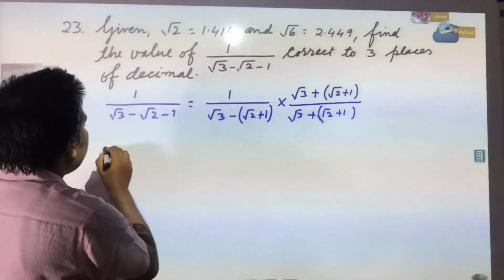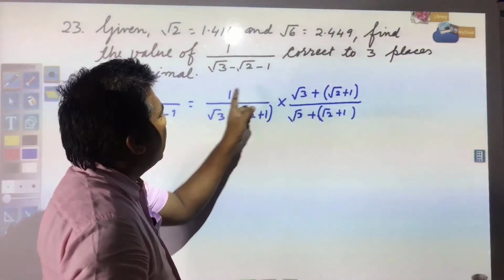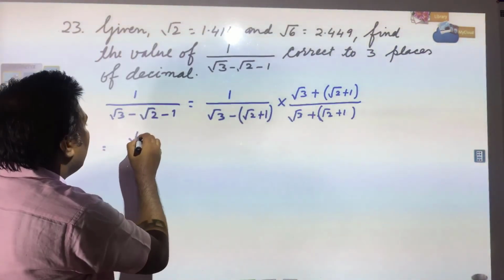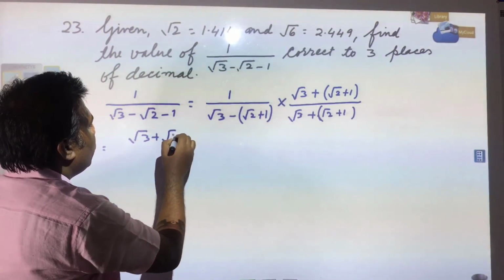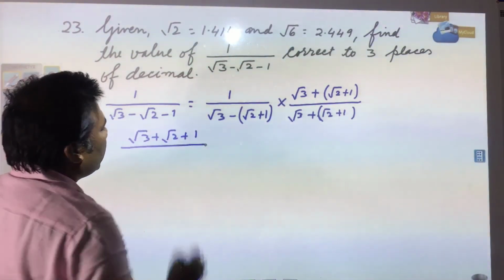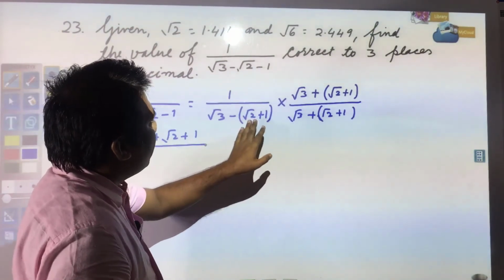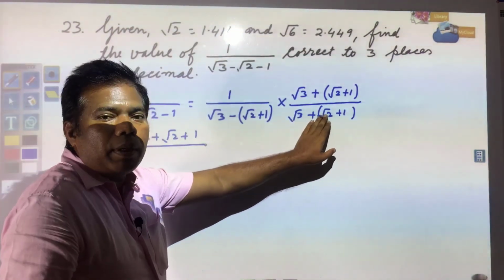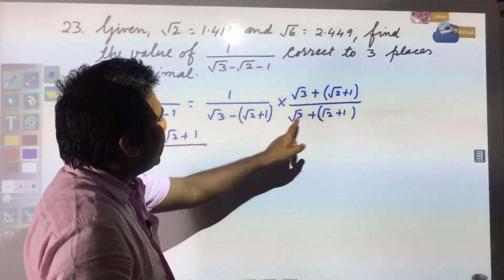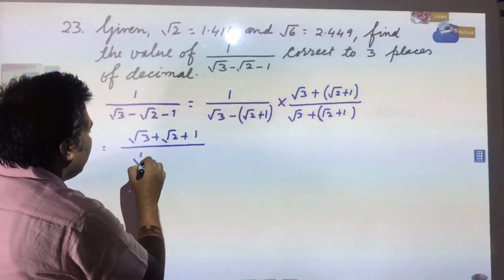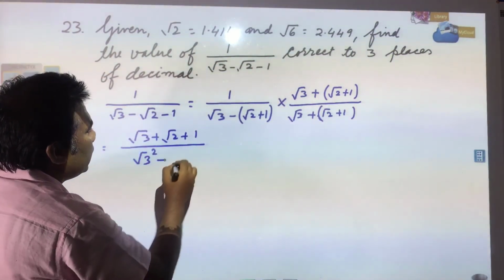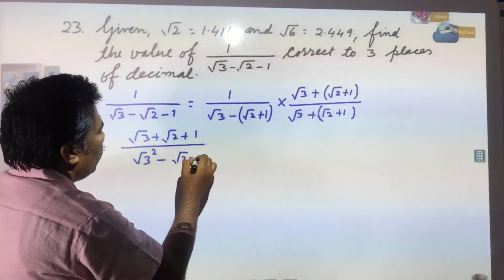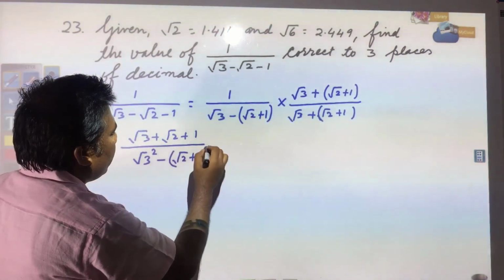Now you need to multiply by 1, you will get root 3 plus root 2 plus 1 divided by a minus b into a plus b. So, a square minus b square. So, root 3 square minus root 2 plus 1 whole square.